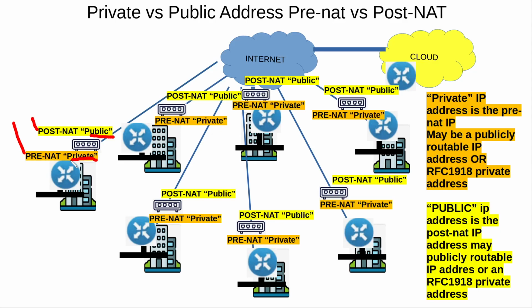Do not confuse these terms in the sense that we usually use them, because not always a private IP address is an RFC 1918 private address, and not always a public IP address will be the same as what we use as a publicly routable IP address. Just remember that for the SD-WAN solution, the private IP address is the pre-NAT IP address, and the public IP address is the post-NAT IP address.